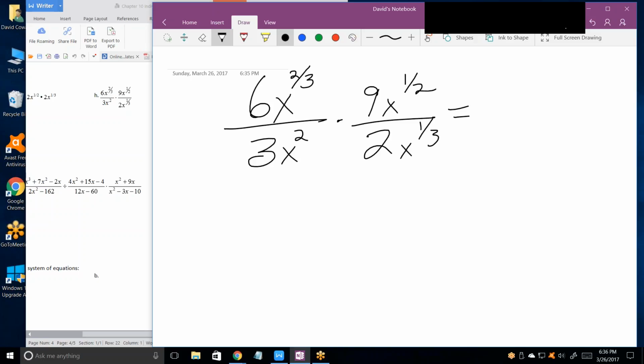If there was a variable y, I would do it third, and if there was a variable z, I would do it fourth. In other words, the more variables don't make the problem more complicated, they just mean there's extra steps. So let's do the numbers first. What's 6 times 9 divided by 3 times 2? 54 divided by 6. Okay.